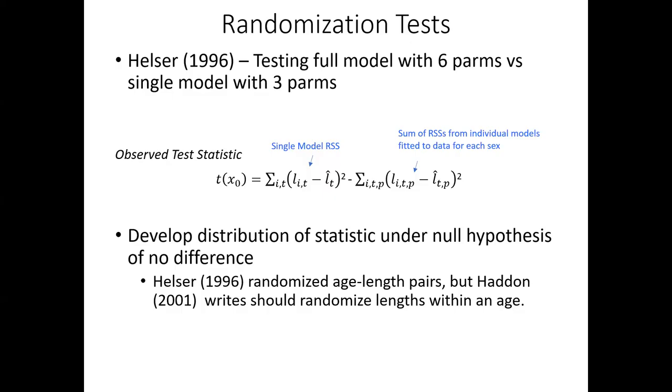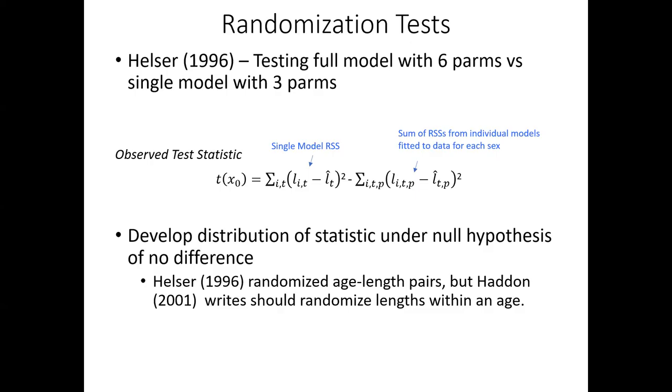Essentially it's just using the sum of squares of that single model and the sum of squares for the individual models fit to the data for each sex. This is the observed test statistic. And what Helser had done to get the null distribution was to randomize the age length pairs in the data sets he had.